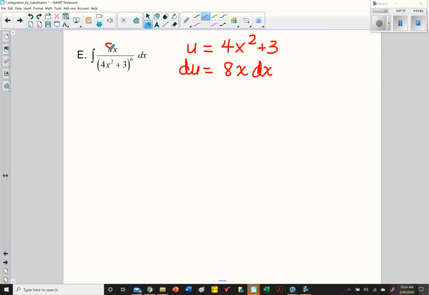Don't have an 8 up here, so we can create it with an 8 that way. See how I'm balancing that out? I give it what it doesn't have and then balance it with an inverse out in front. So I have an x dx. Let me erase this.